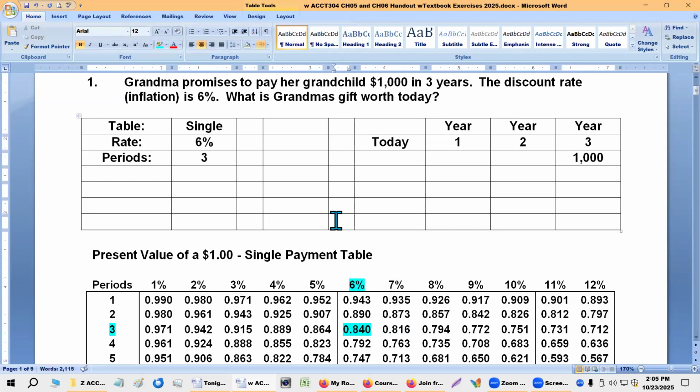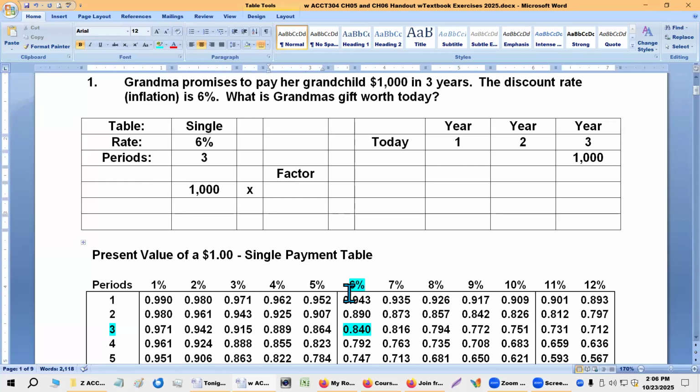Okay, so we're going to put the amount in here. We're going to say 1,000 times, and then this is our factor. Now this factor is for each dollar.